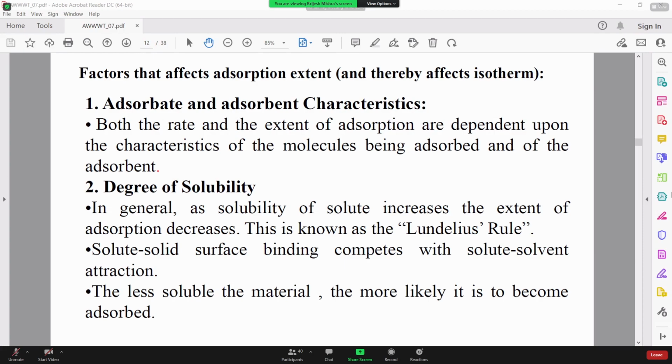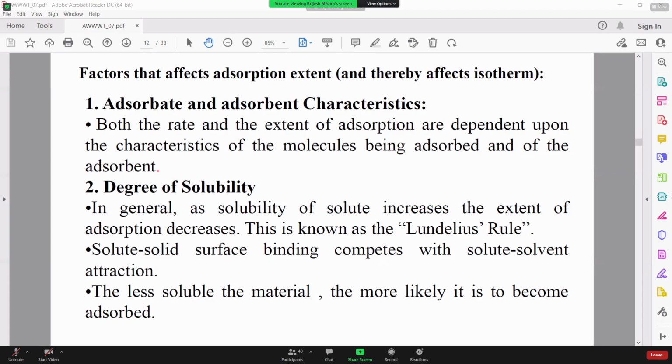What is the significance of this isotherm? We can find the relation between adsorbent and adsorbate, sir, using this isotherm.